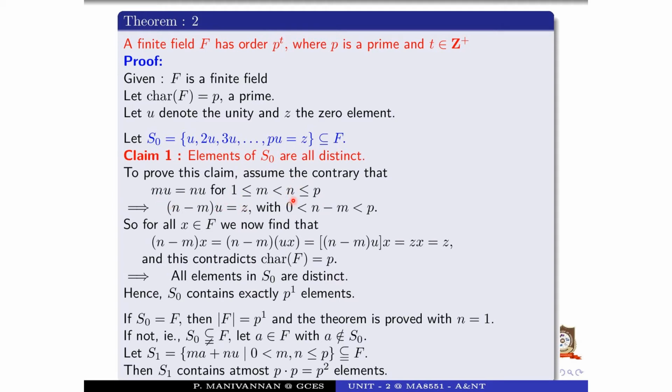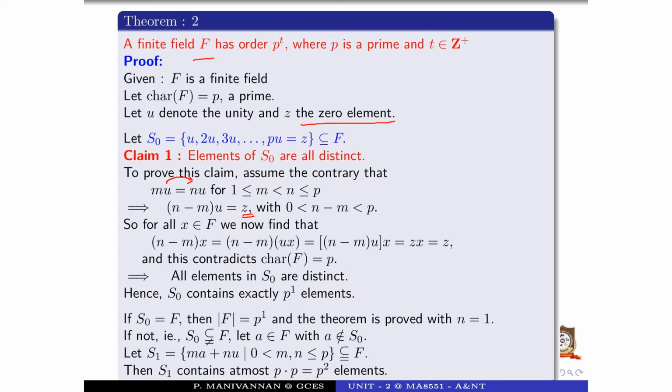Here n is the greater value, so subtracting mu, taking it to that side, what is the answer? n minus m times u equals 0, where 0 is the zero element of this field.